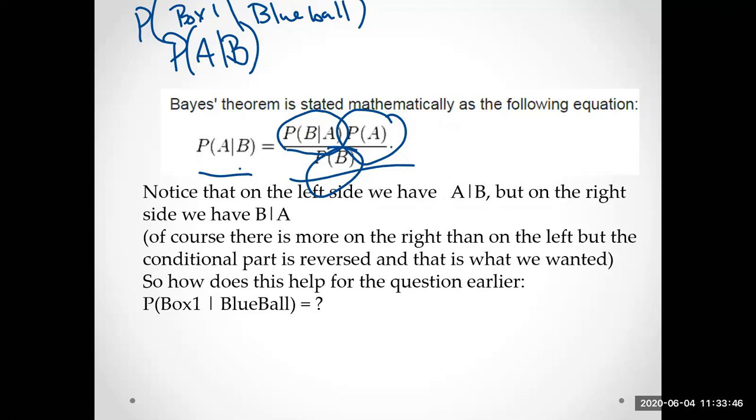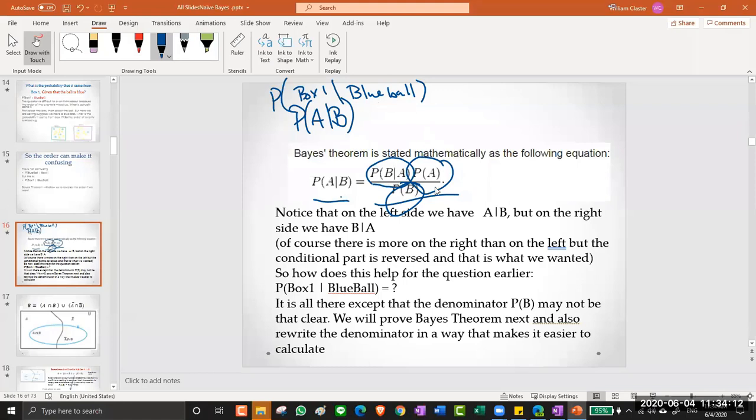Isn't it like it equals the probability of the smaller box, the probability of blue balls in the smaller box, and then times the probability of blue balls, and then over the probability of the blue balls overall? So I might be wrong.